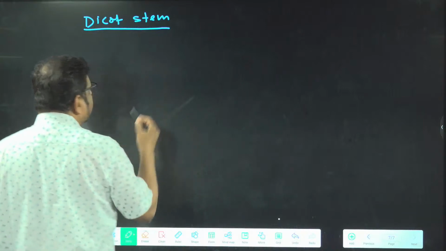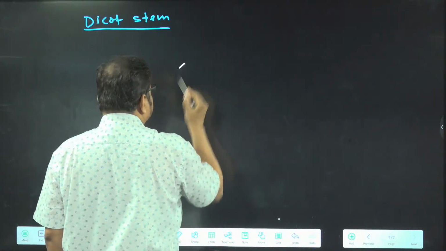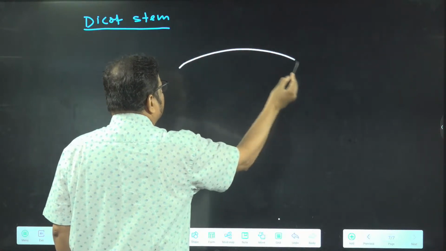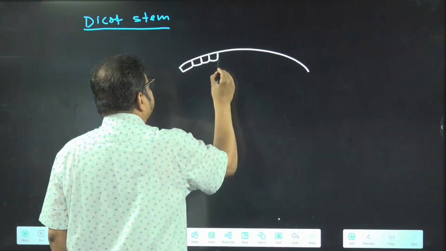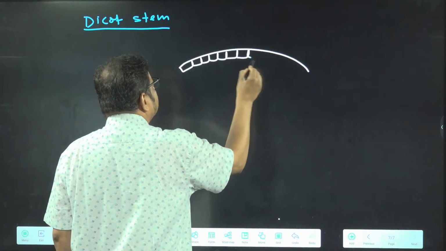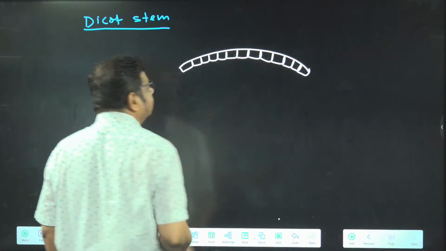Dicot stem. So look here, I'm drawing the diagram. The outermost layer is epidermis. And you should know that intercellular space is not there in epidermis; it is drawn like this, no space.